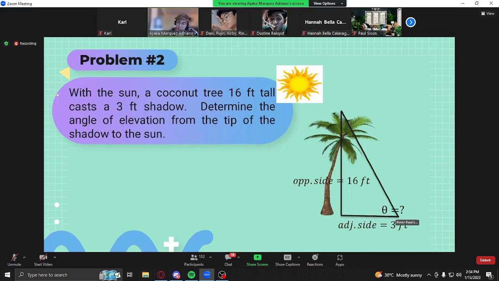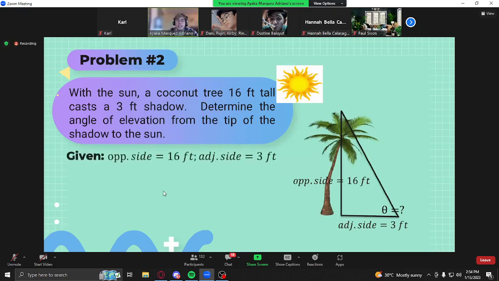When it involves the opposite side and the adjacent side, it involves TOA, di ba? TOA is tangent is equal to opposite over adjacent, di ba? So alam natin na tangent function ang gagamitin natin.